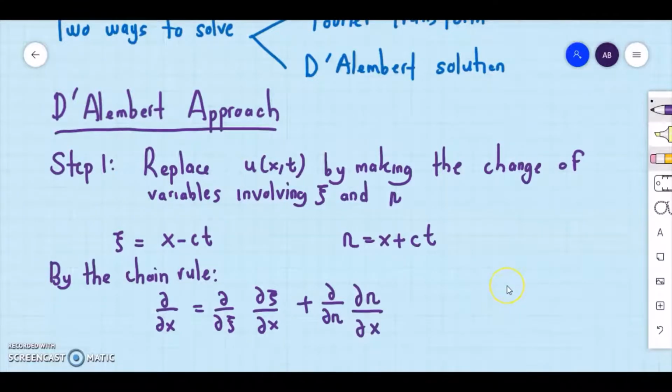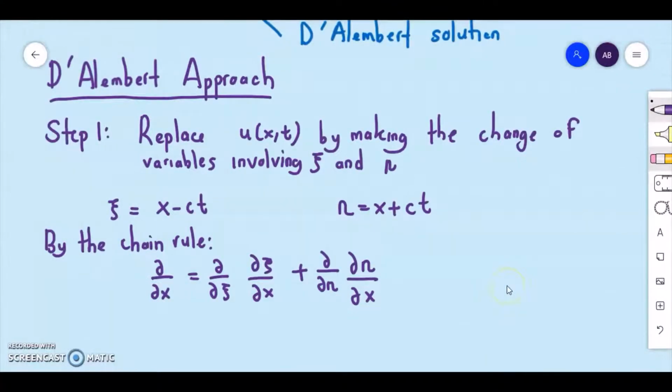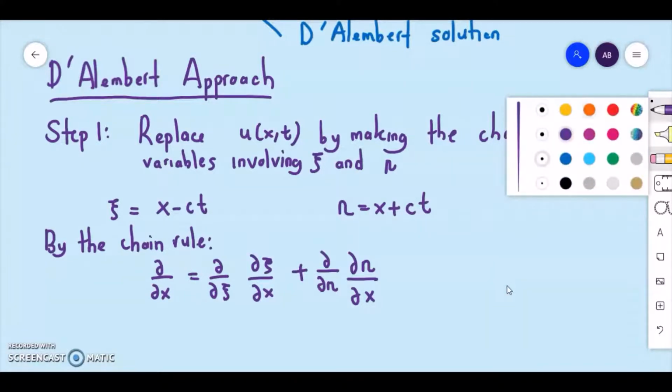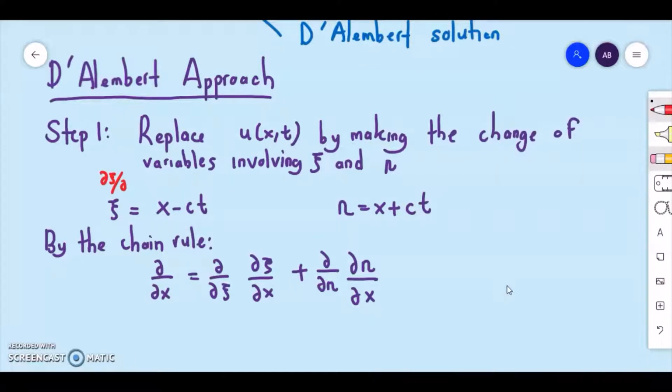All you have to do is take the derivatives. Psi with respect to x is 1, and eta with respect to x is also 1.